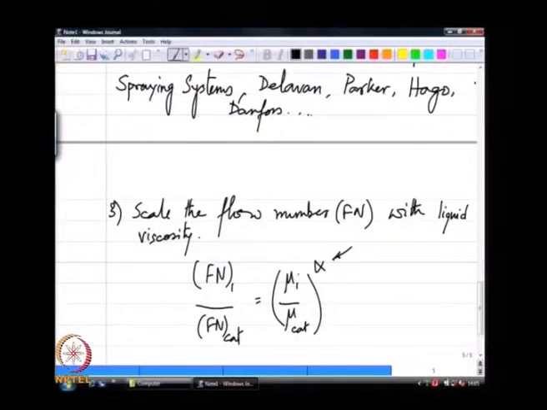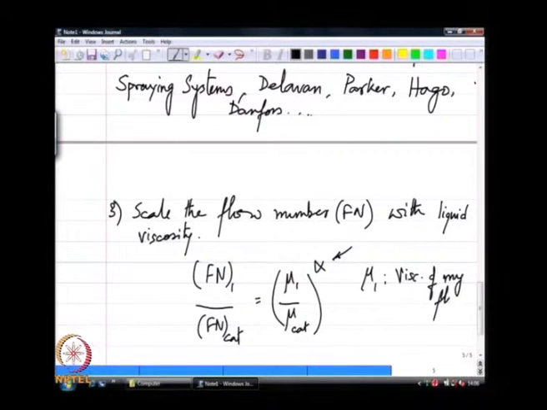So, I know my flow number Fn1, I know mu 1, the viscosity of the fluid that I need to spray, and I know mu catalog, the viscosity of the fluid that they use to test their spray nozzles. So, mu 1 is the viscosity of my fluid, mu catalog is the viscosity of the test fluid.